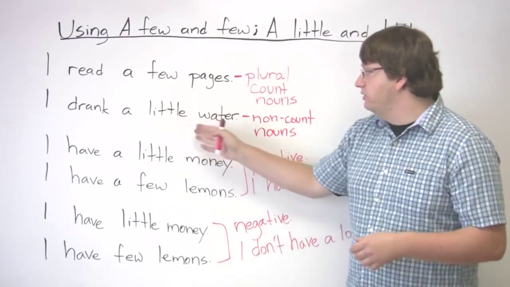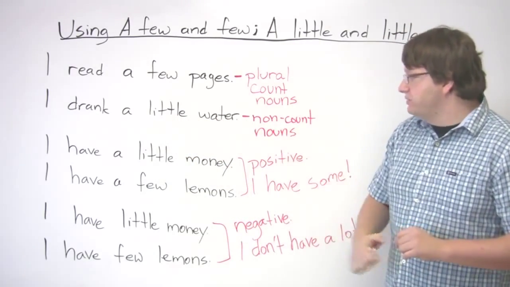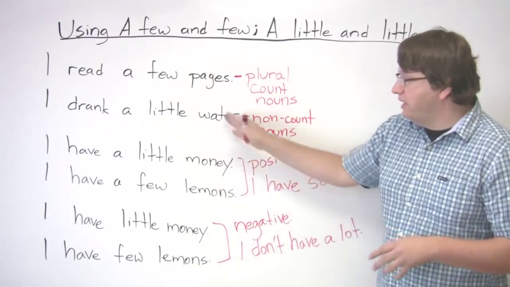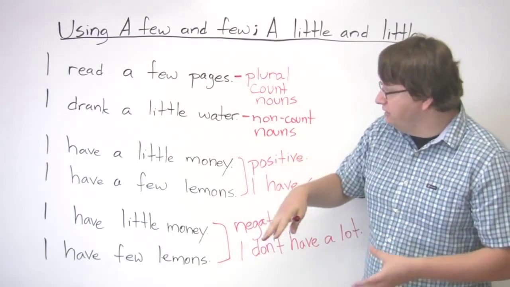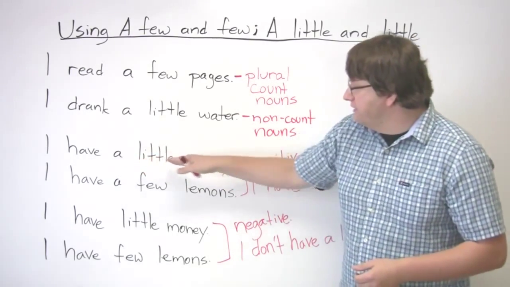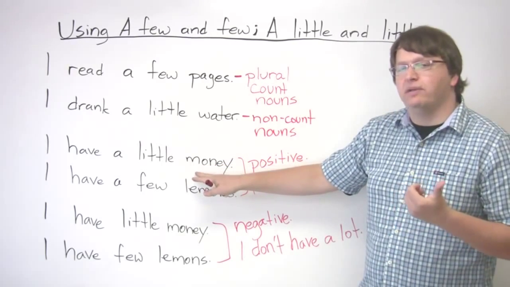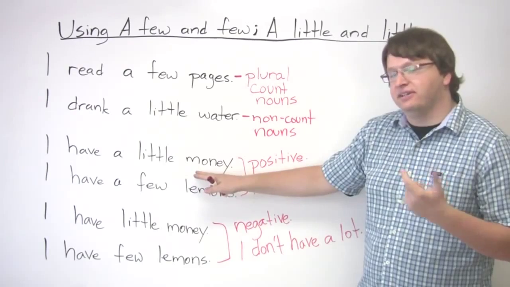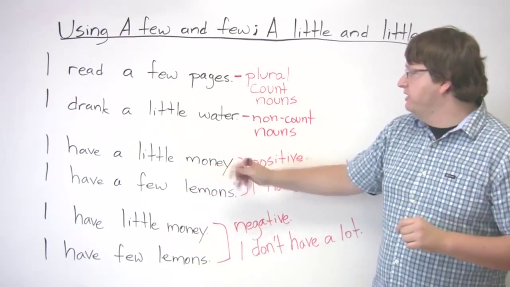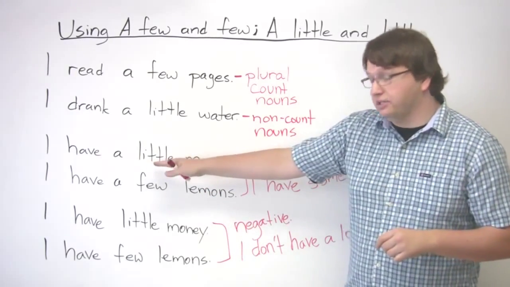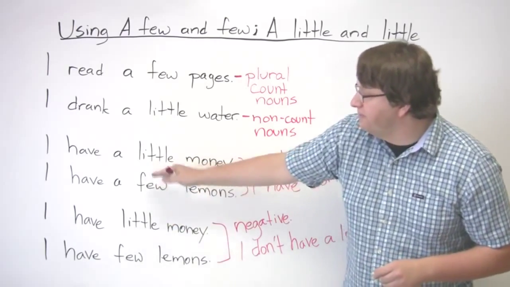So I drank a little water. If we go down here again, I'll reinforce what I just taught. I have a little money. You can't count money by saying I have one money, I have two monies. No, it's a non-count noun. So we have to use a little or little, just like we've done here.